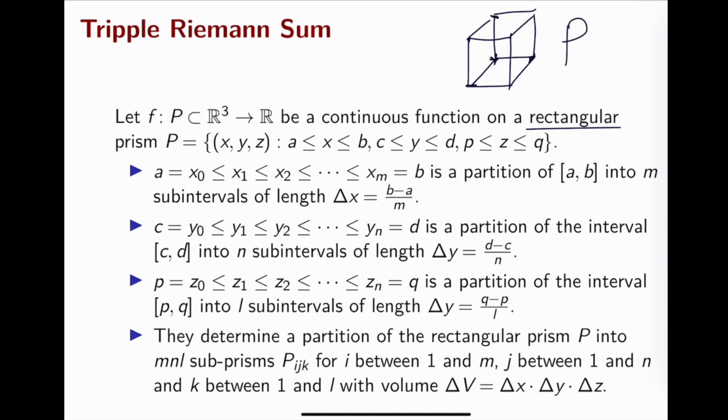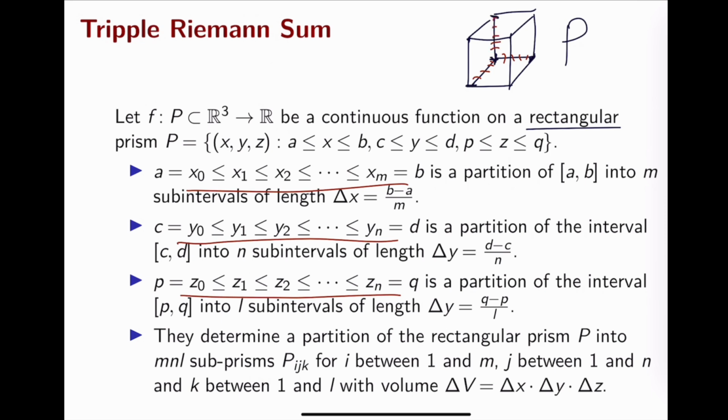So at the end, this is how the domain of this function looks. And we can generalize the idea that we use for rectangles to a rectangular prism like this. And so we are going to do a subdivision first for the x interval, a subdivision for the y interval, and now a subdivision for the z interval too.